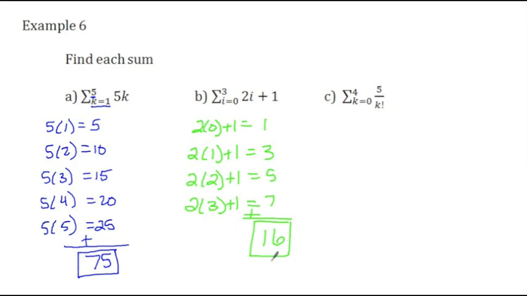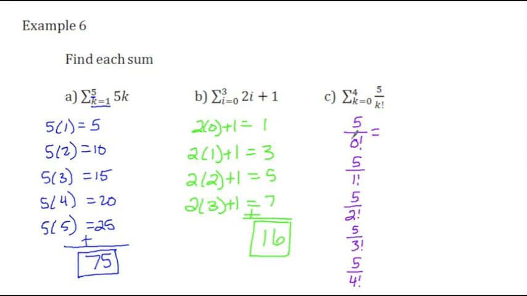Okay, and the last one looks a little bit more complicated because it has a fraction and a factorial, but we just start going about it the same exact way as you've been doing all the others. So 5 over 0 factorial, 5 over 1 factorial, 5 over 2 factorial, 5 over 3 factorial, 5 over 4 factorial.